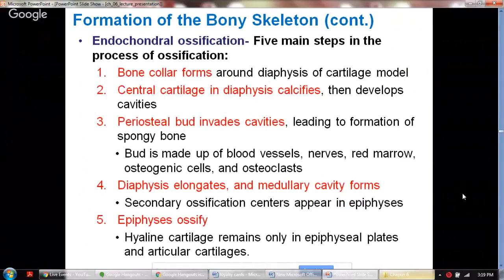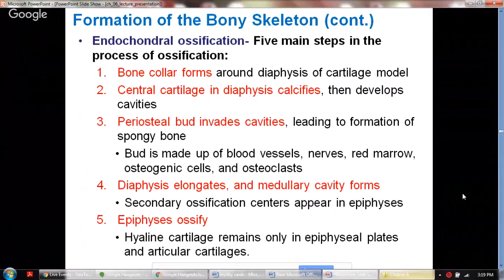With endochondral ossification, five main steps happen. The very first one is the bone collar formation, and this happens around the diaphysis of the cartilage model. The next step is the central cartilage in the diaphysis starting to calcify, and that leads to the development of some cavities in it.